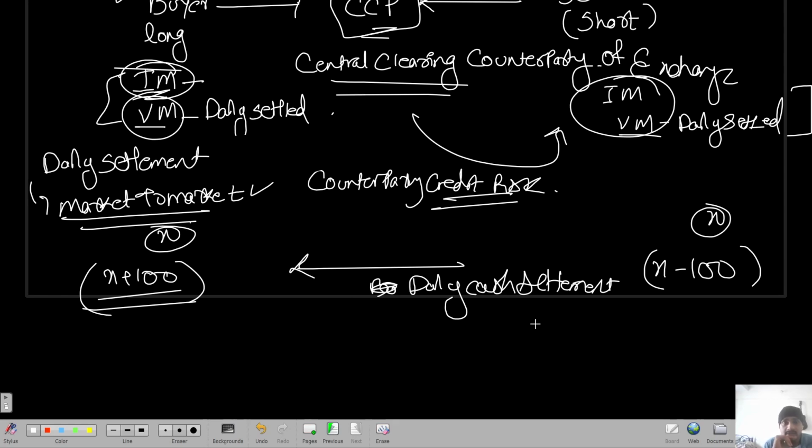A margin call is when there are insufficient funds available in your broker's account. Either you add more funds if you want to still be in the contract, or the central counterparty is going to just square off your position.